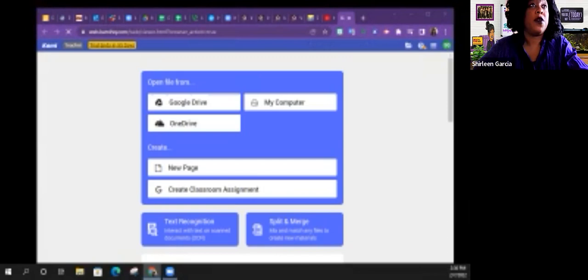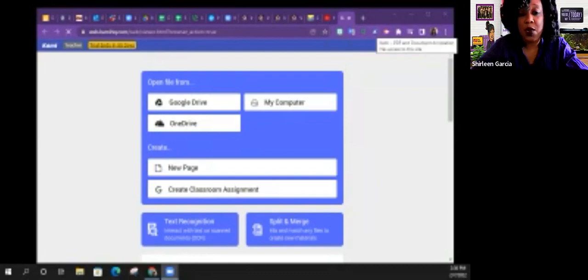And if you save it, hold on, let me change this to annotate. Once you get to the Kami app, it's gonna ask you if you wanna download it. You don't really have to download it, but you should add it, bookmark it, so that it's saved right here. And then when you have a PDF you wanna write on, you could just click on that, and then you're able to scribble all over your sheet.